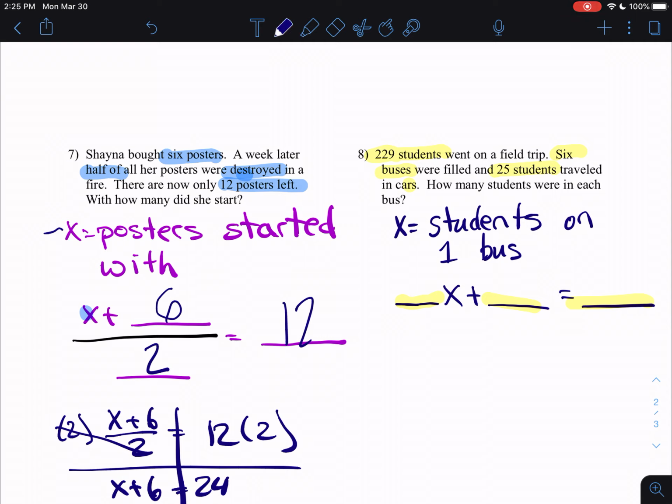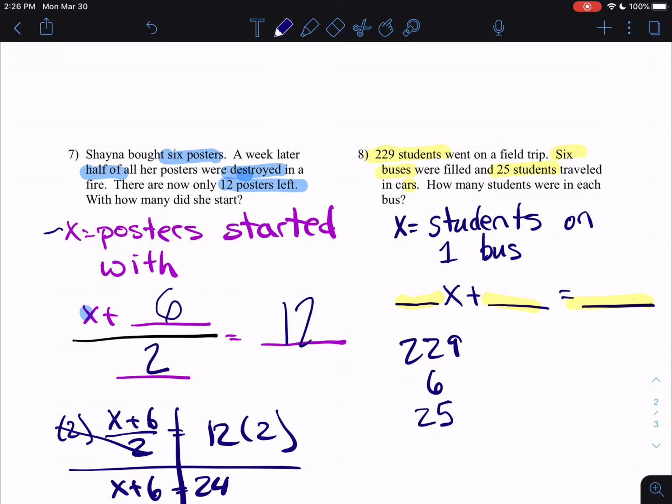So that means I know I have to use the following numbers: 229, a 6, and a 25. Now, I know I can get rid of one of these numbers right away because X represents the students on one bus. But how many buses were there? Hopefully you were just thinking in your head, well, there's 6, because there are 6 buses.